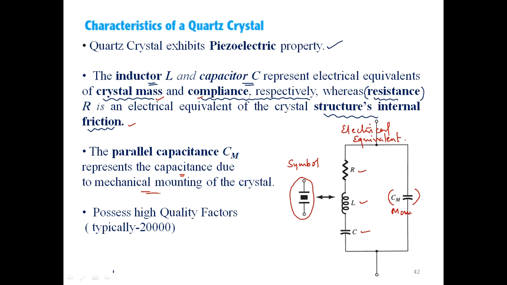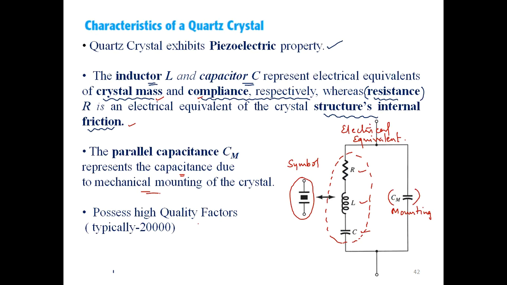Okay, so this is due to mounting, and the core quartz crystal is this one. Okay, fine. Now here also the process of resonance is the same. But one special thing about a quartz crystal is that, let me just explain it here only.